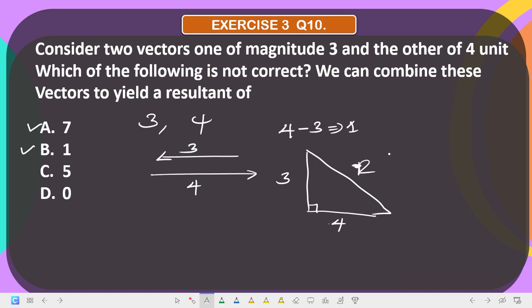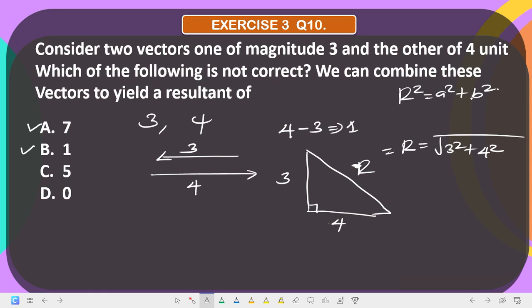The resultant R will be equal to the square root of 3 squared plus 4 squared. Because we said if you want to find the resultant, the hypotenuse side, find the square root of the square of the opposite and the adjacent, from the Pythagoras rule, which says that R squared is equal to a squared plus b squared.